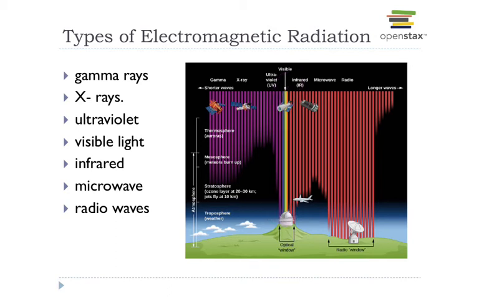Radio waves, these longer waves, also make it all the way through. But there is a lot of the electromagnetic spectrum that doesn't make it all the way through the atmosphere. And this is why we like telescopes out in space orbiting around the planet, because they're above that atmosphere, and it helps us detect all of the spectrum.